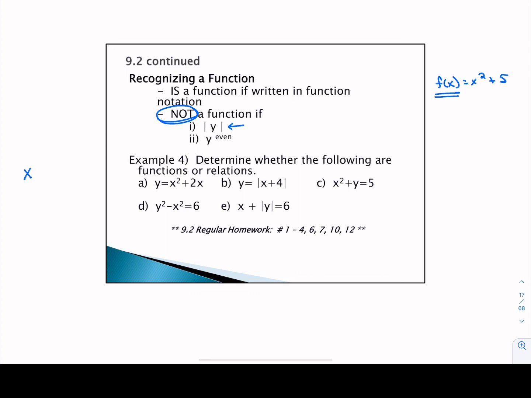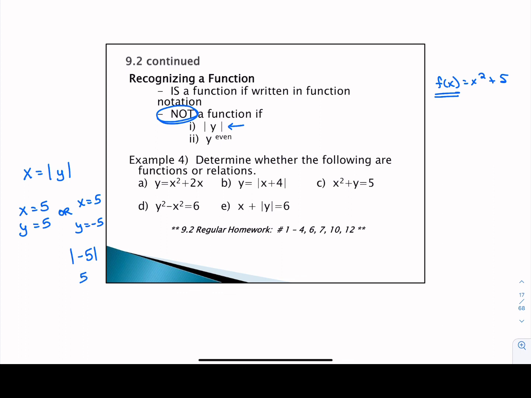So here's the reason that that is. If I have x equals the absolute value of y, let's say x is 5. I could say if x is 5, then my y value is 5 as well, because if we take the absolute value of 5, we still get 5. Or we can say if x is 5, truth be told, y could also be negative 5, because remember, if you take the absolute value of negative 5, you still get 5 overall.